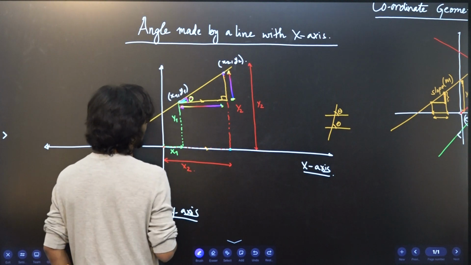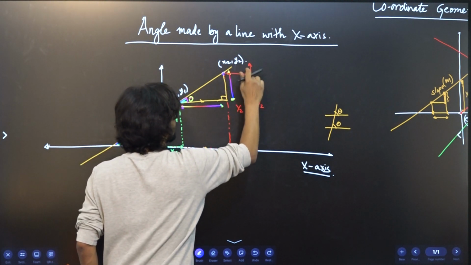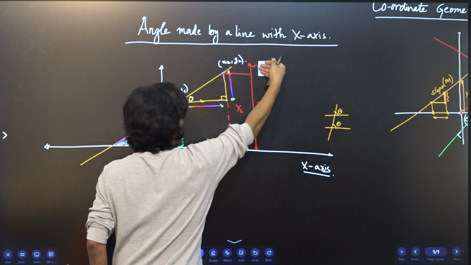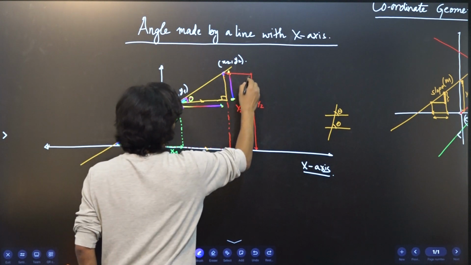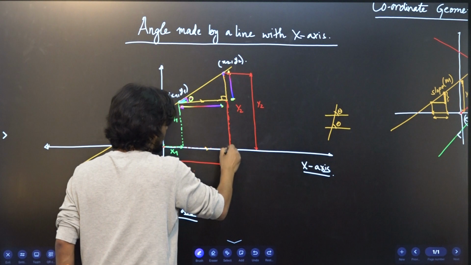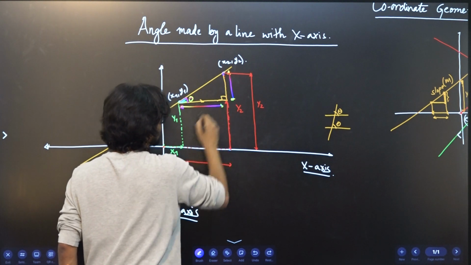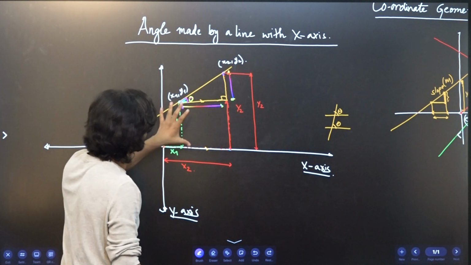And I need this much. I know how much is from here to here: y1. This one and this one should be equal.